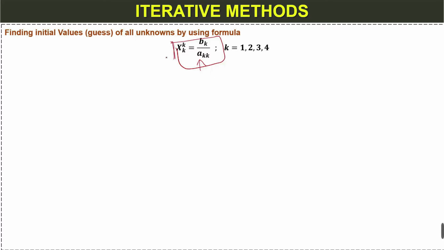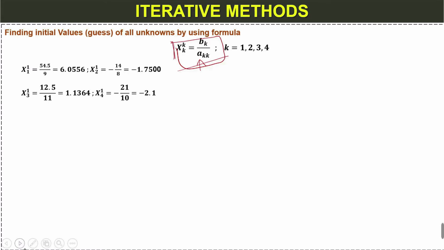So we will calculate the initial solution by using this formula, and we use these initial solutions to calculate the next estimated solution. The first one is the initial guess or initial estimated solution, this one is the second, this one is the third, and this one is the fourth.